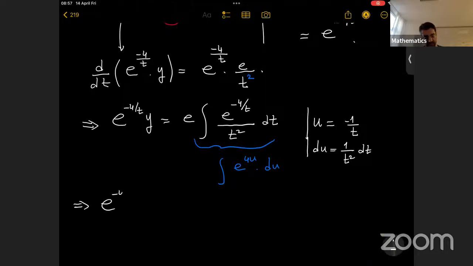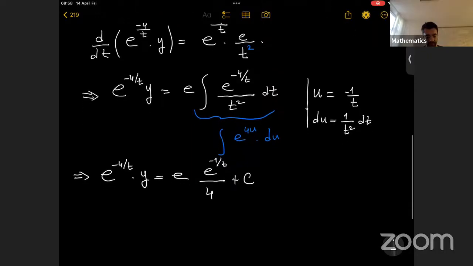Okay, so from this, e to the minus 4 over t times y is equal to e times e to the 4u over 4. But u was minus 1 over t, okay? Plus a constant. Well, we can handle this with the initial value. So what is c here?